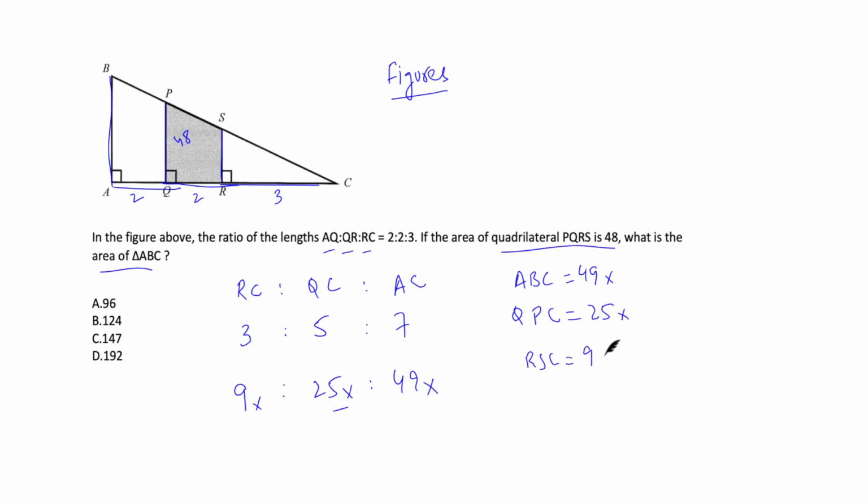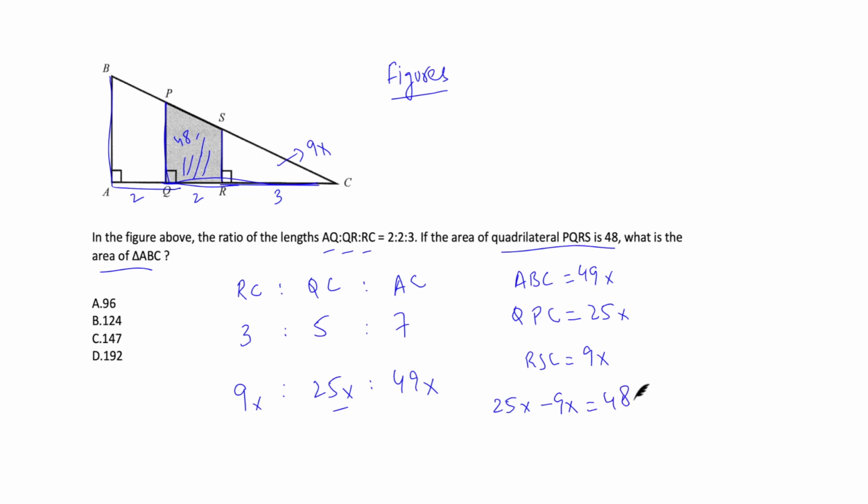It is 9x. So if I subtract 9x from 25x, which is the area of this triangle, I will get the area of this quadrilateral. So basically the equation becomes 25x minus 9x equals 48. There you go.